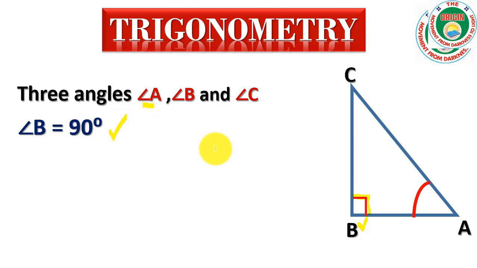And this is important, let this angle A be called theta. Angle is denoted by the letter theta. Let A equal to theta here. So one angle B is 90 degrees because it is a right angle triangle, and another angle A is equal to theta.